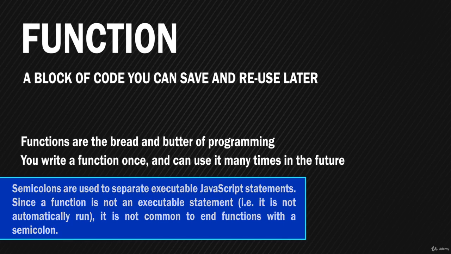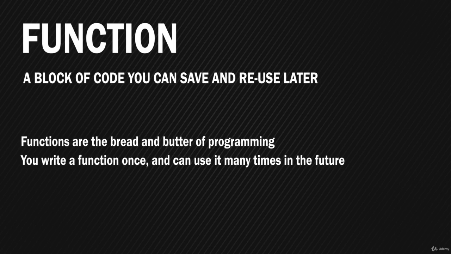Although sometimes you'll even catch me doing it by mistake, and other developers. So it's not the end of the world, but just bear in mind you don't have to end a function with a semicolon. And as we just said, functions are not executed immediately. Yes, you do get IIFEs, immediately invoked function expressions, but we're not getting into that now. In general, functions are not executed immediately.